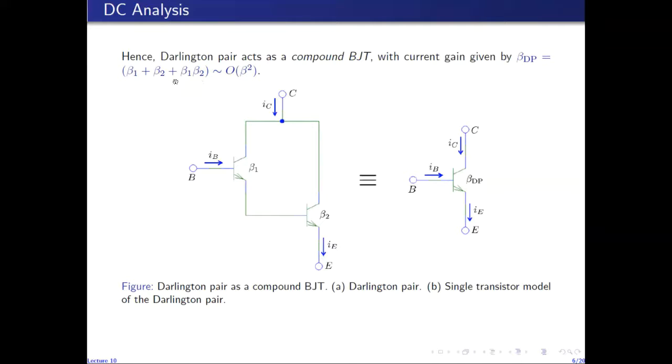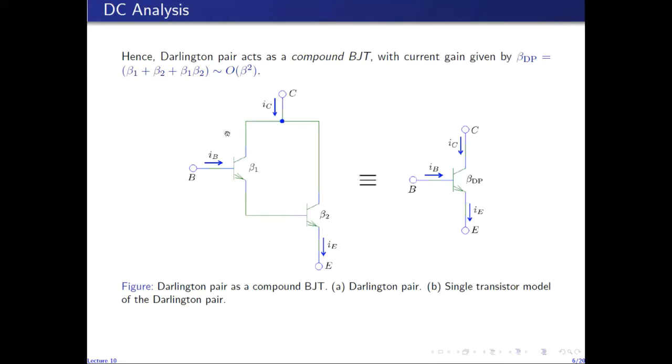And you can see that because typically beta is large, of the order of hundreds, this product here is much greater than the sum of these two betas. So this product scales as beta squared. So if beta 1 is equal to beta 2 is equal to beta, then this factor becomes beta squared plus 2 beta, which scales as beta squared.